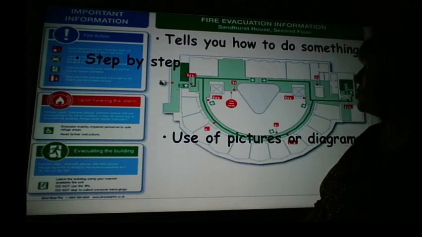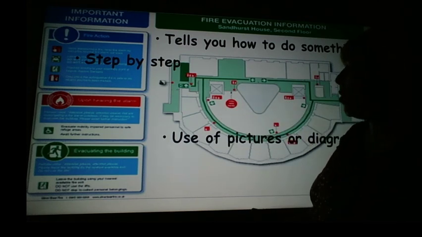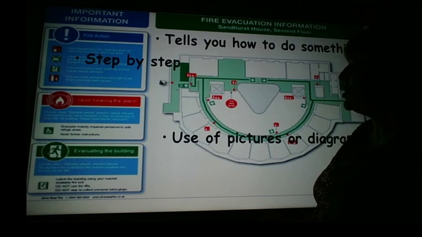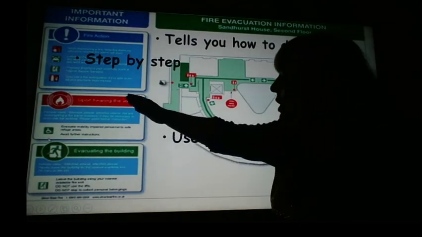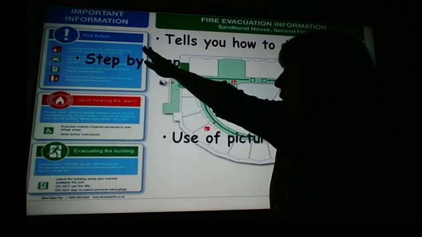And it uses pictures or diagrams because you have this really big picture here of the whole area and thinking about where you are, so you can look at the different fire collection points so you know where to go. And it also uses symbols because I noticed over here you have a symbol to show you an exclamation mark.